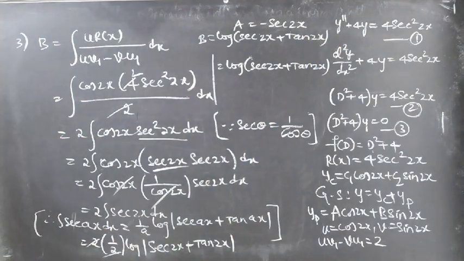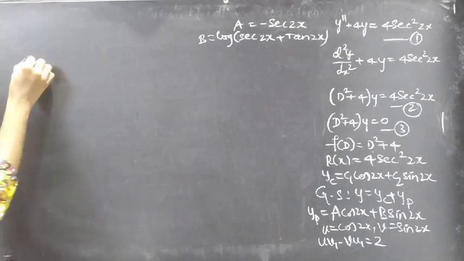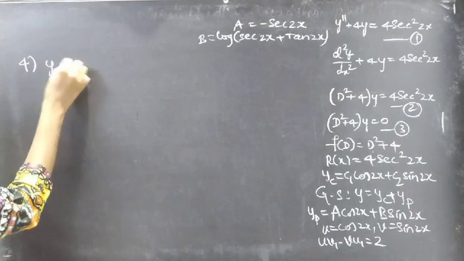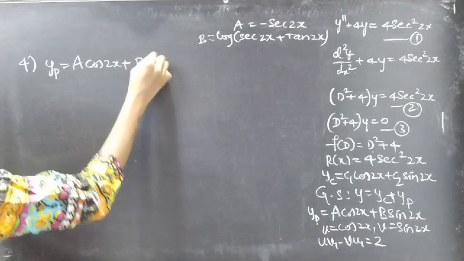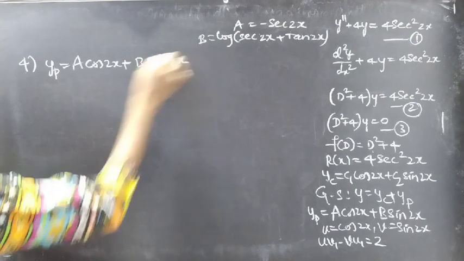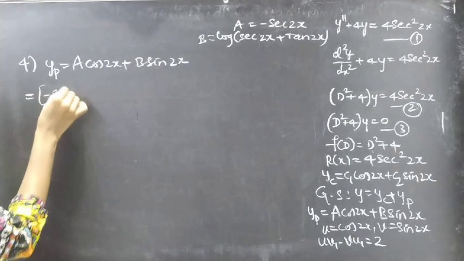We got a and b. Let's now find yp. Yp is given by a cos 2x plus b sin 2x. Substitute a and b here.